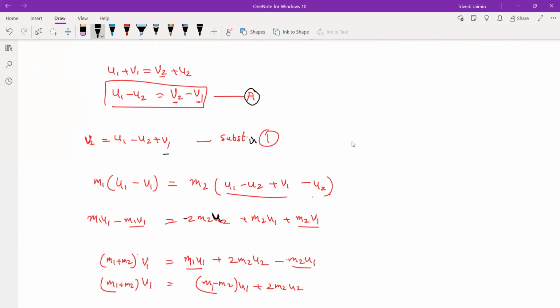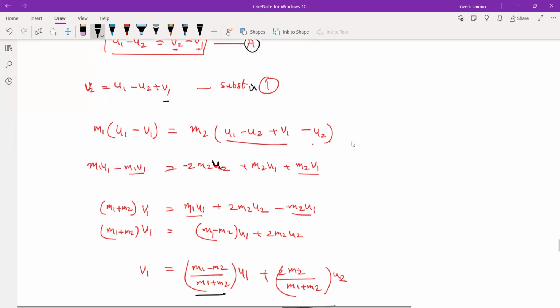Minus 2 into v2. m1 into... we got m1 u1 minus m1 v1 is equal to m2 u1 plus m2 v1 minus 2 m2 u2 like that.